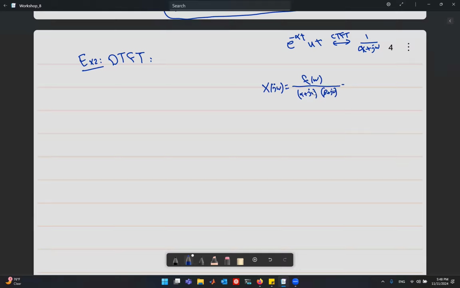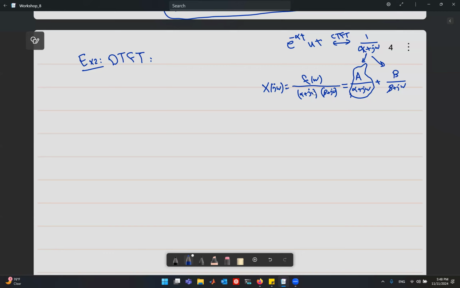And then you should use the partial fraction expansion and rewrite this in terms of, let's say, a divided by alpha plus j omega plus b divided by beta plus j omega. Then you find the values of a and b, and now you will have the same formula as this one. So you'll be able to easily do the inverse Fourier transform after writing the signal in this form.